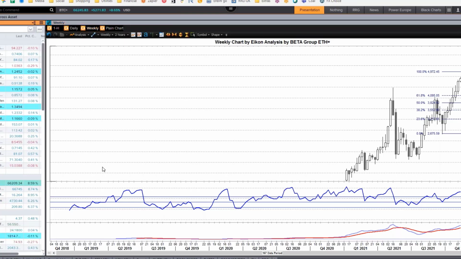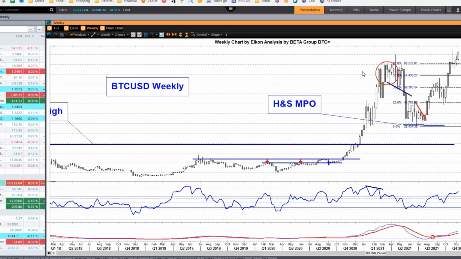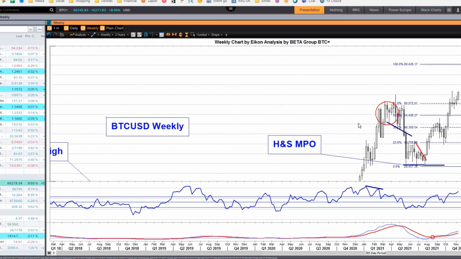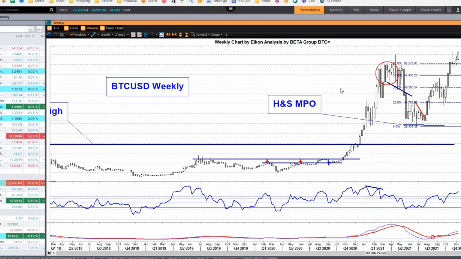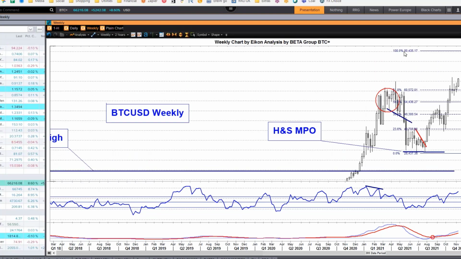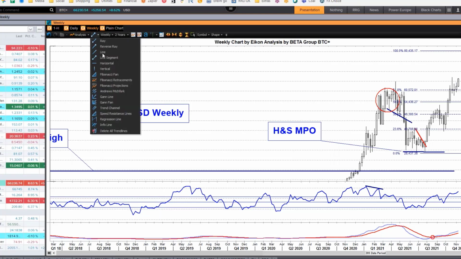As far as the Bitcoin is concerned, I didn't say it at the time. The ABC here is up to 80,000, and if you take the A, B, C, D, we're at it now. So we reached 100% on this leg here, but on this one here, if we do push through 100%, let me draw it in so you know what I'm talking about.